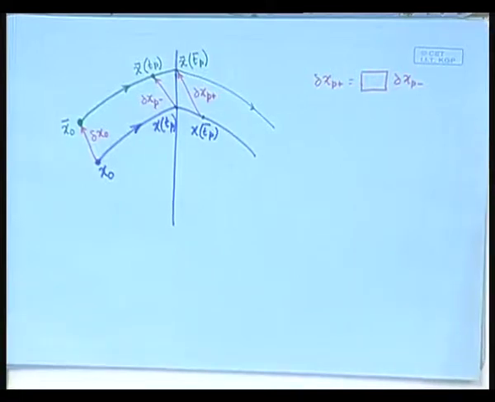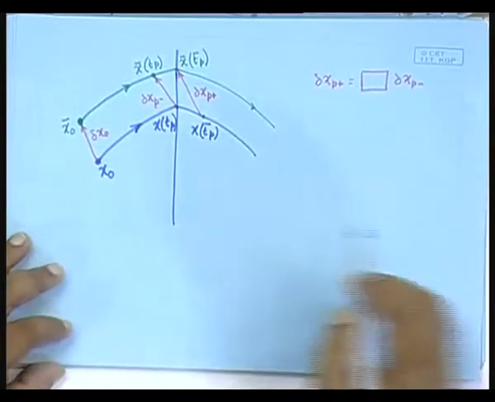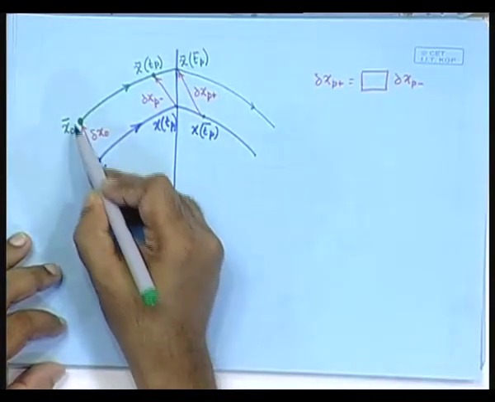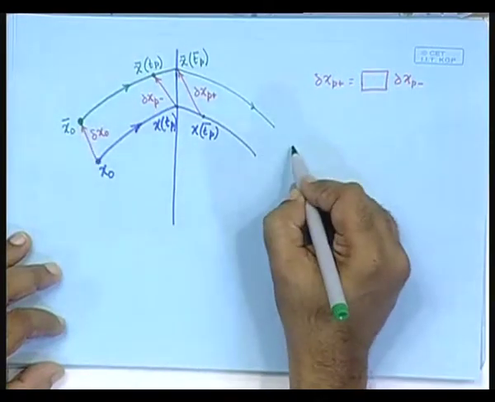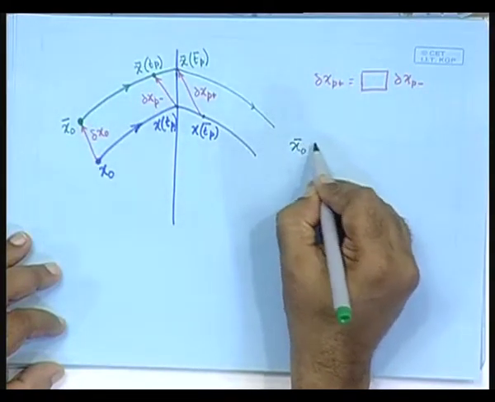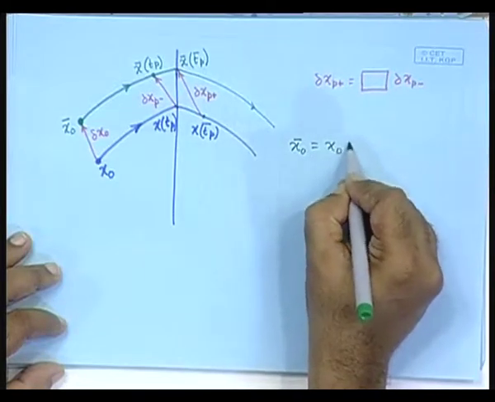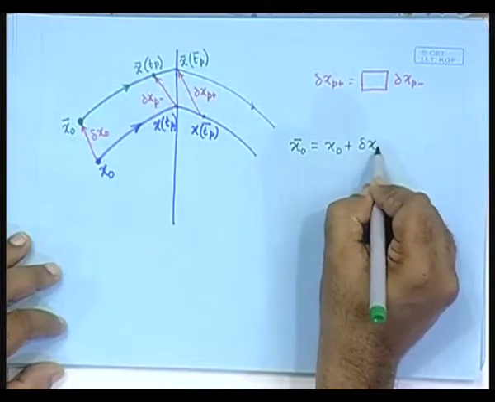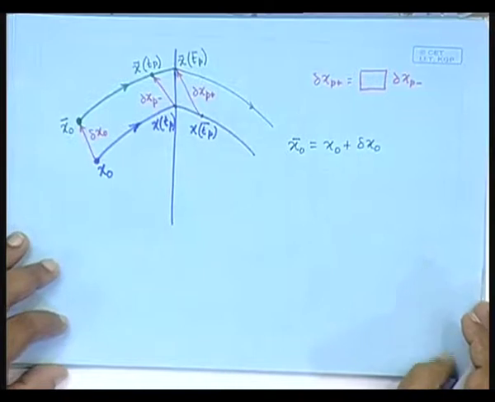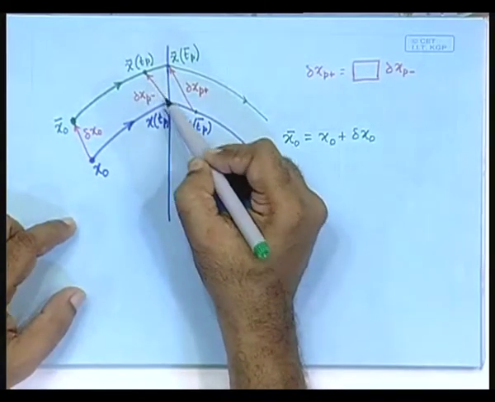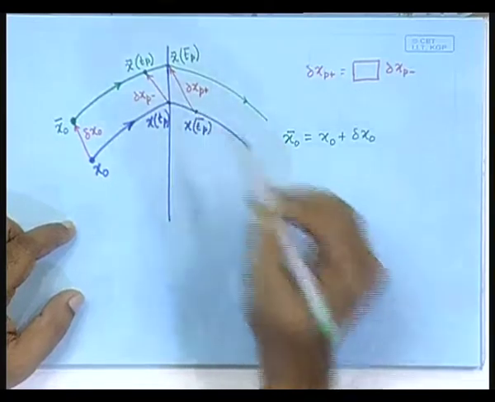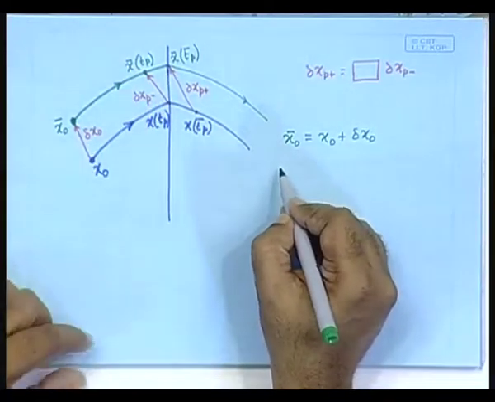So, let us carry on. First thing, what is x naught bar? That means perturbed trajectory. X naught bar is x naught plus delta x naught, right? Clear? Now, we need to find out this perturbation and this perturbation. So, what is this perturbation?